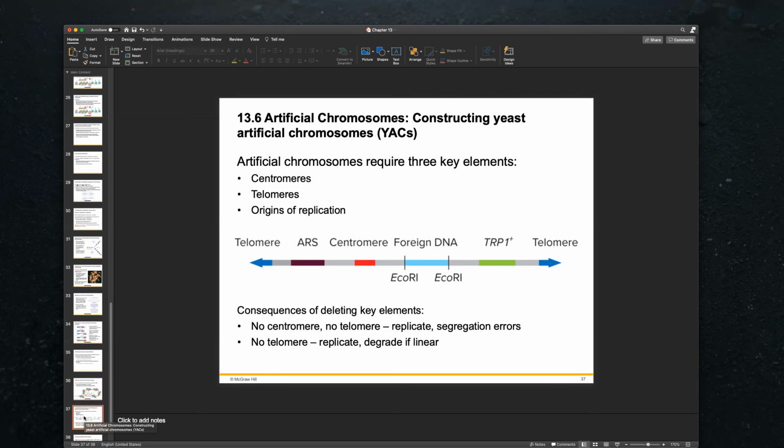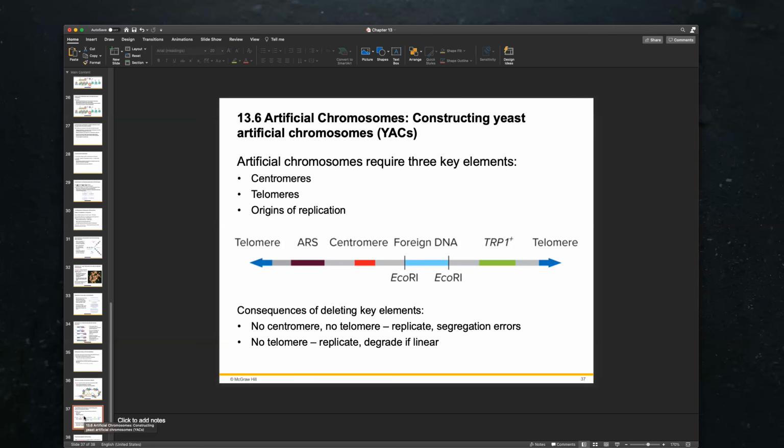The centromere is not always dead center, but it separates the p arm from the q arm. Then we have a gene TRP1, some foreign DNA you include when you make the artificial chromosome, and an origin of replication.